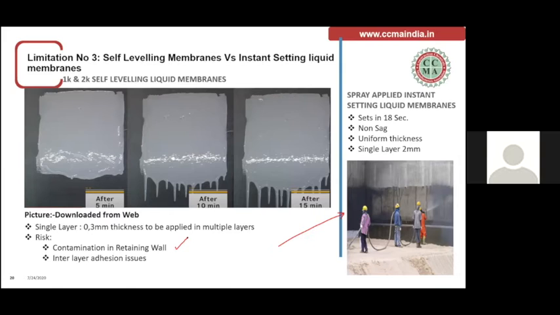That's where two component is good, but at the same time we have to see whether we can go for some preformed membranes which can take care of the cost part and performance also. Or when we have a high water table, probably we can go for spray applied instant setting systems, which is more useful. But if we have a price limitation and we want to go for a seamless system, then single component can be done with proper care and at a lower thickness.